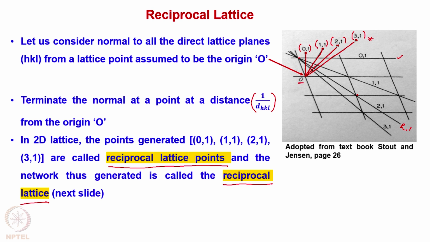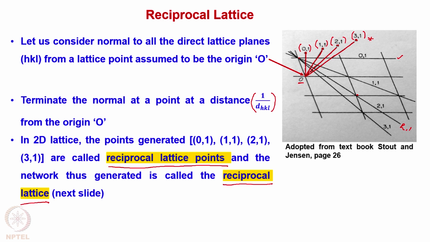In this particular case, we have a two-dimensional network and a set of planes. I have one fixed origin, and from that origin I drop a perpendicular to each one of those planes, terminating the perpendicular at a distance 1 by d_hkl, and the point of termination is marked as a point which corresponds to a direct lattice plane.